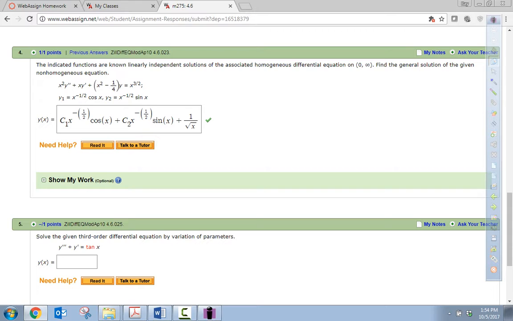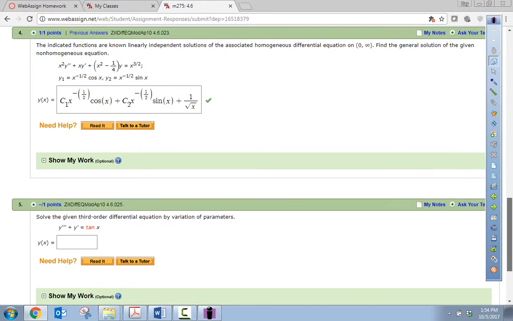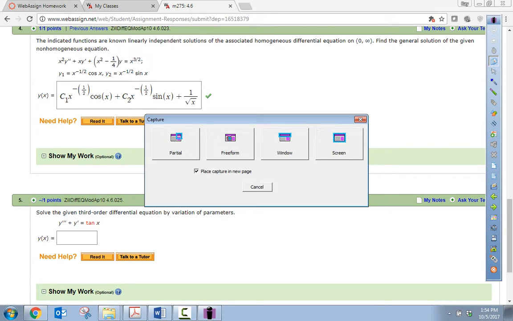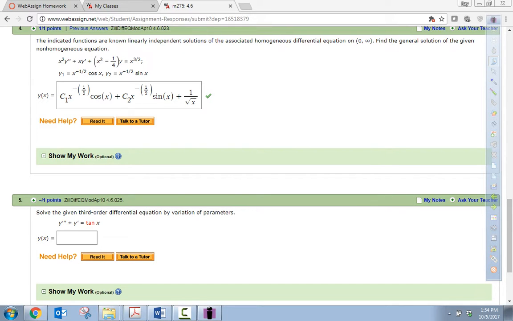We only have 5 minutes, so let me start number 5 for Brian, since he's always asking. But you could see that it's a third order differential equation, so you're going to have 3.